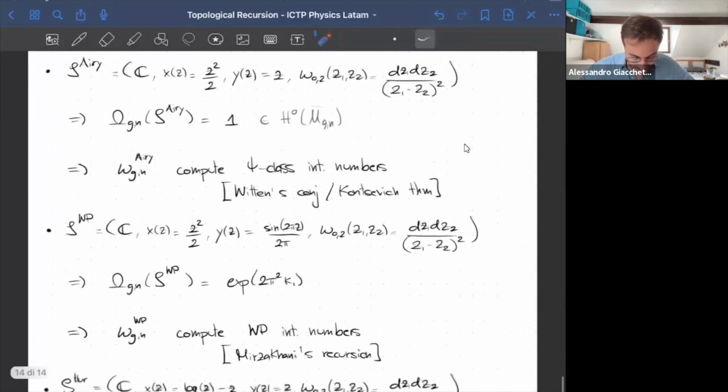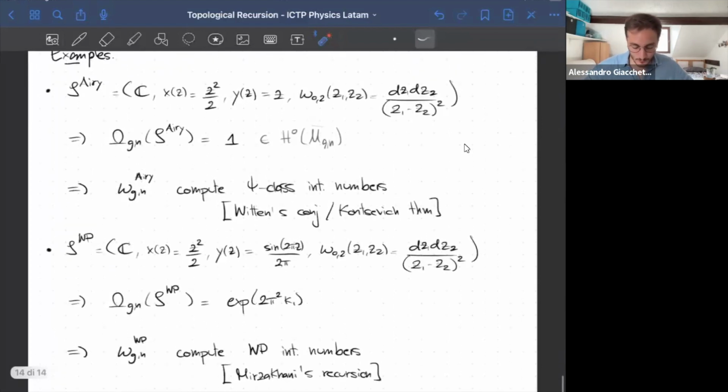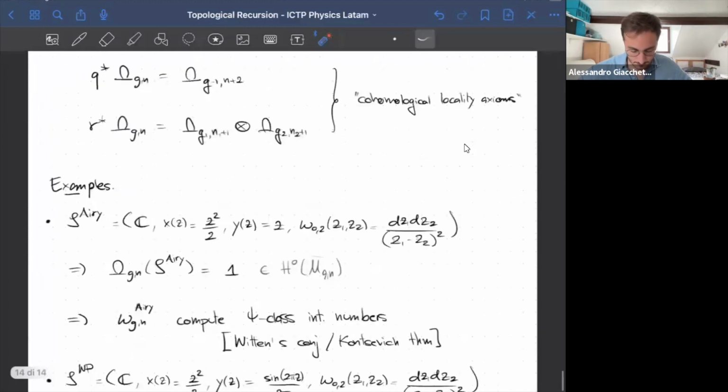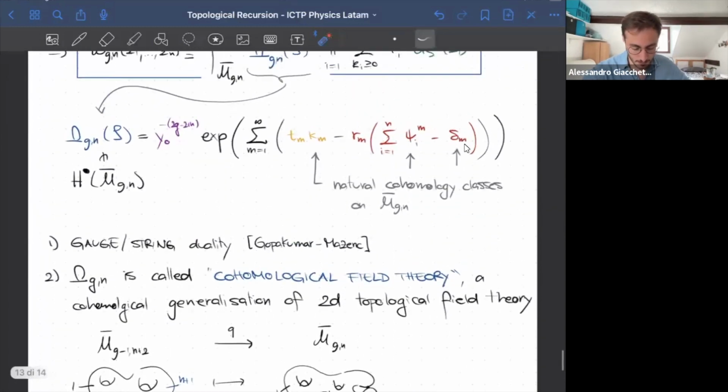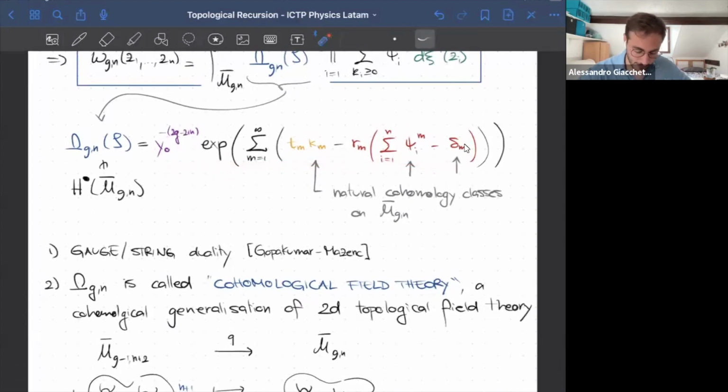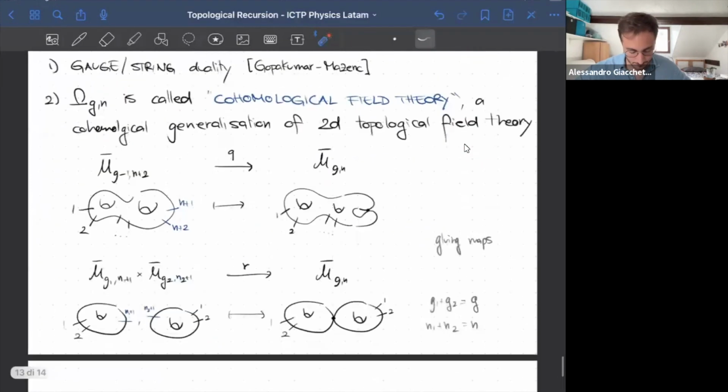A second example is the one associated to the Weil-Petersson volumes, or JT gravity. Here the only thing that you change is this y, which is now a sine function. And if you compute all these ingredients, this formula will simplify, having all the R_n be 0 and all the T_m be 0, except for the one multiplying kappa_1, which will be 2 pi squared.